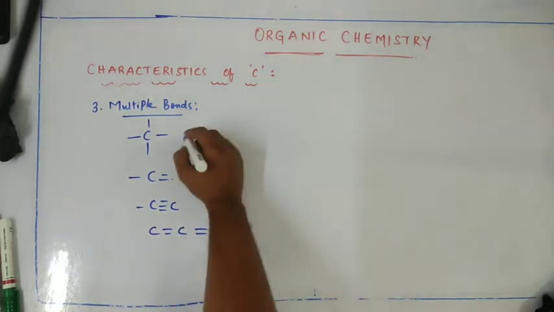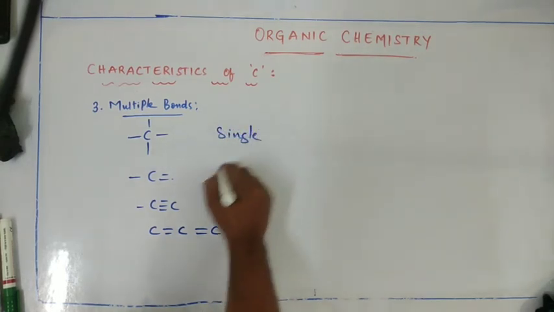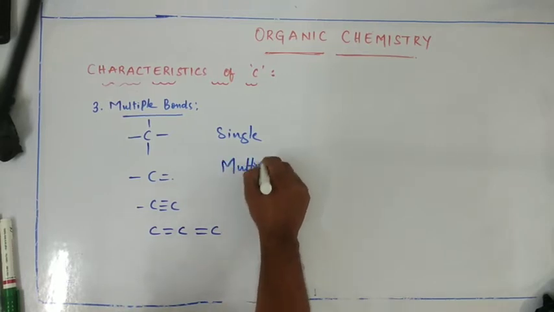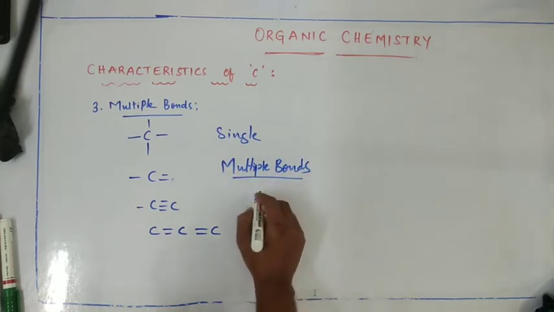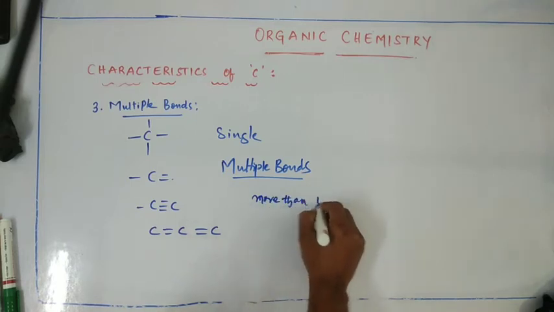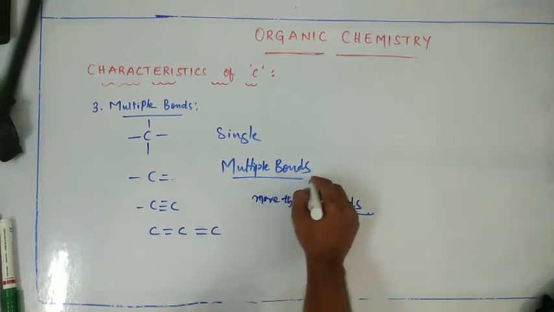So carbon forms single bonds and multiple bonds. Multiple bonds means more than one bond is present between two atoms. That is called a multiple bond.